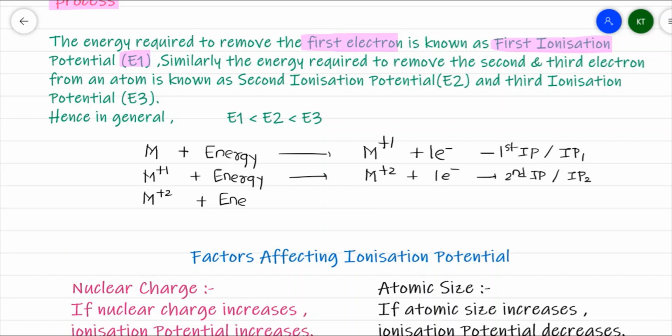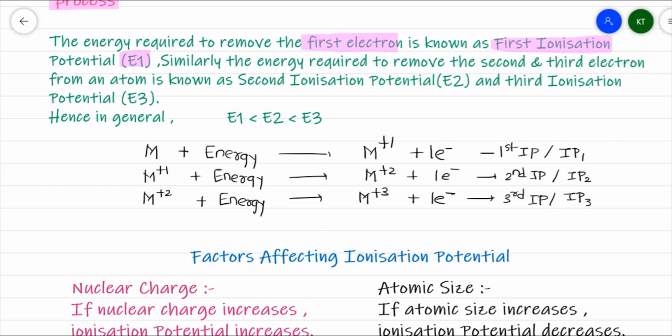I provide energy so that it gets converted into M 2 plus with the loss of one more electron. This is called my second ionization potential, or IP2. Then for the third electron, if I have M 2 plus and provide energy so that it gets converted into M 3 plus ion with the loss of one electron, the energy provided will be called the third IP, or IP3. These are also denoted by the letters E2 and E3.